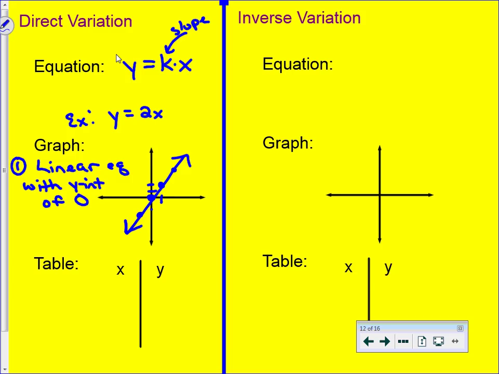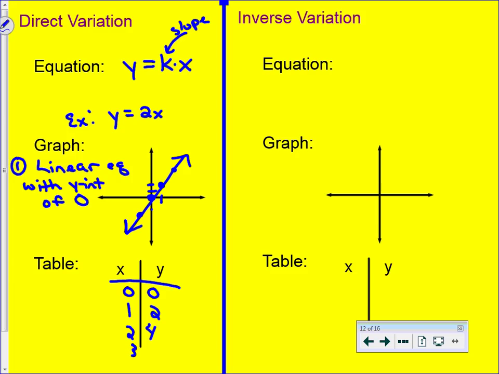Okay. The second piece of information now comes from the table of values. So if we're filling this table of values in, we know we have the point 0, 0. That's an important point because it's our y-intercept, and it has to be in your direct variation question. Okay. If we put a 1 in there, we get a y value of 2. If we put a 2 in, we get a y value of 4.